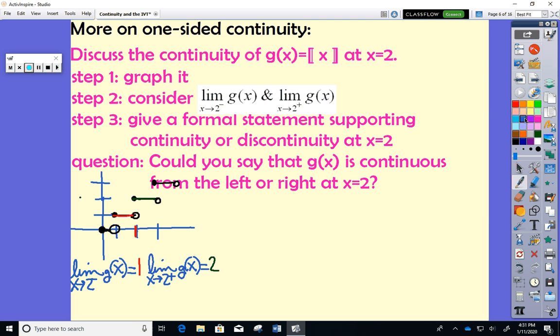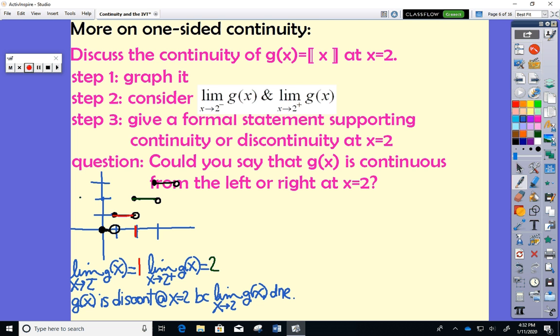Well, no, because the limit does not exist at x equals 2. So g of x is discontinuous at x equals 2 because the limit as x goes to 2 of g of x does not exist. And I know that because I looked at the left-hand limit and the right-hand limit and they didn't match.